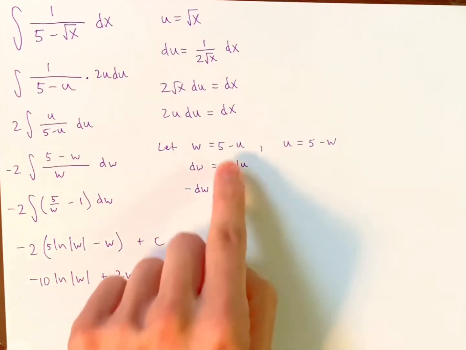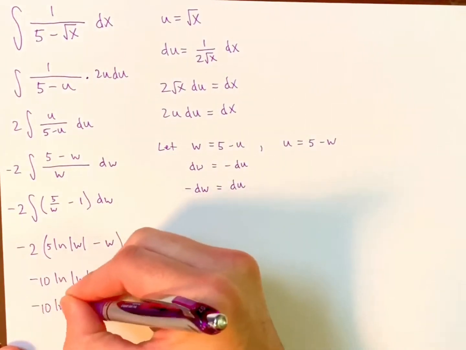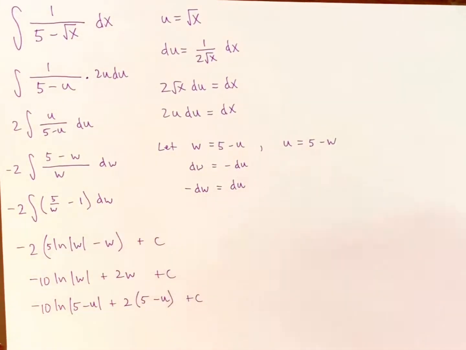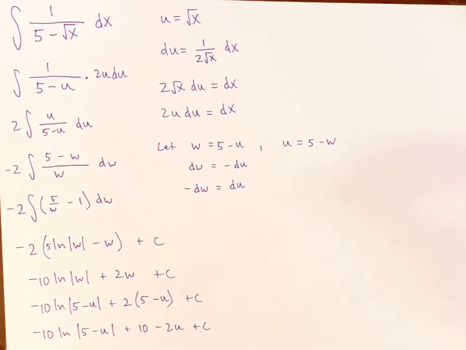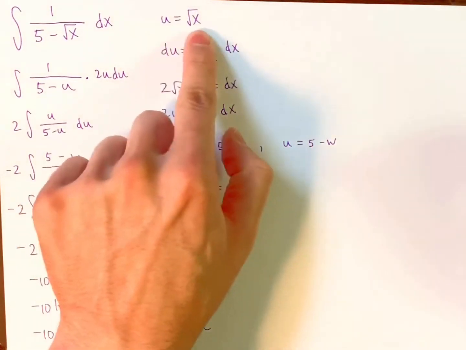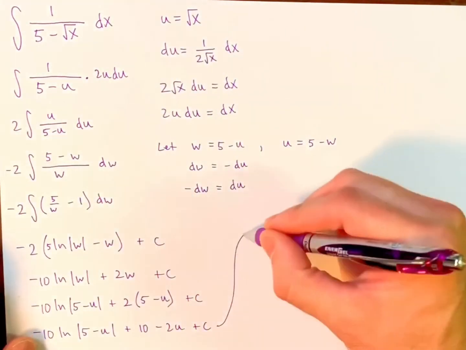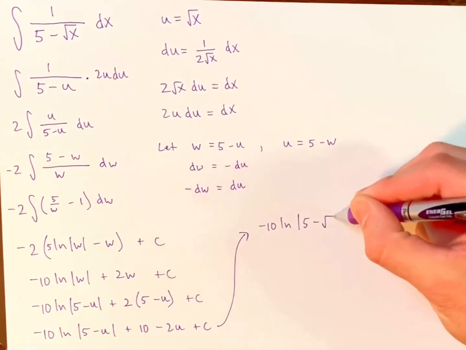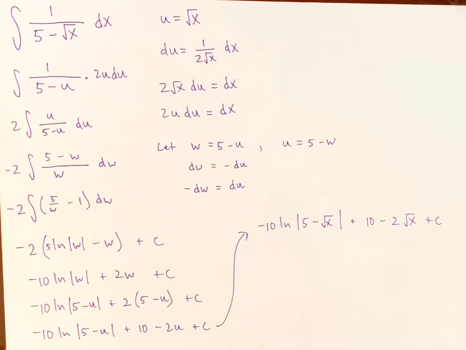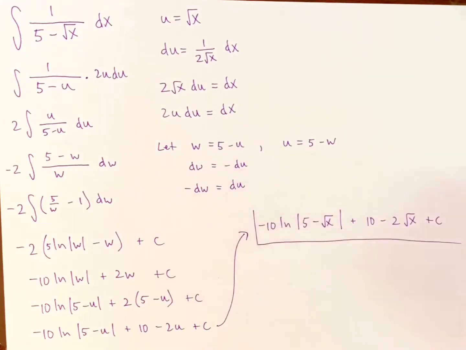Instead of w's, we could go 5 minus u. I suppose we can distribute this too. But then recall that u happened to equal the square root of x as our initial step. So we're looking at negative 10. So can this expression be simplified in any way? We can do a couple little things, but for the most part, this is essentially it.